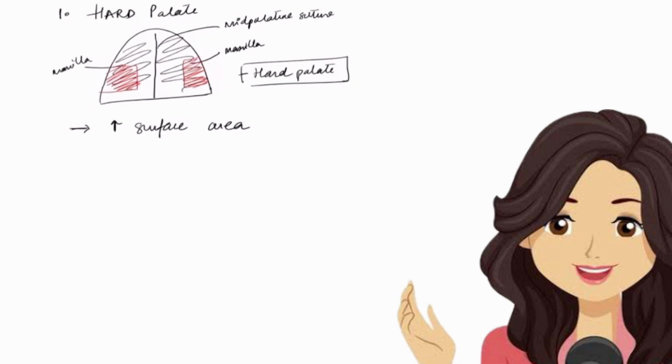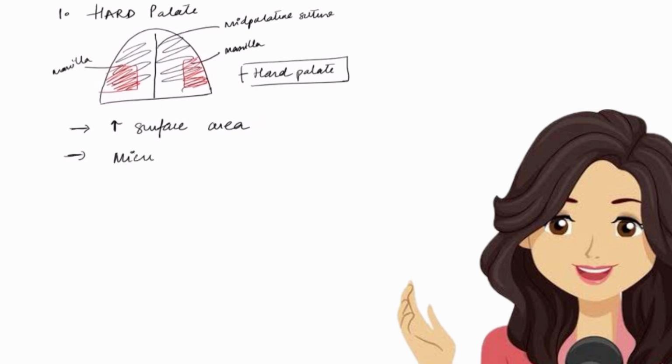As you are all aware, if you look at the intraoral structure of the maxilla, the largest surface area is present with the hard palate. So that definitely gives it an advantage over other structures in the property of giving support. So the ultimate support is derived from the hard palate.